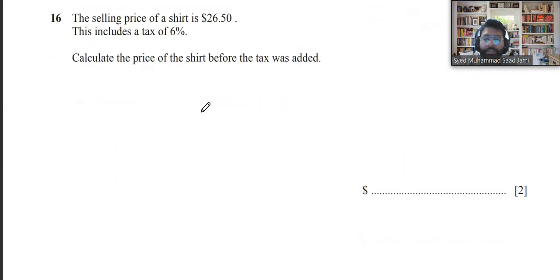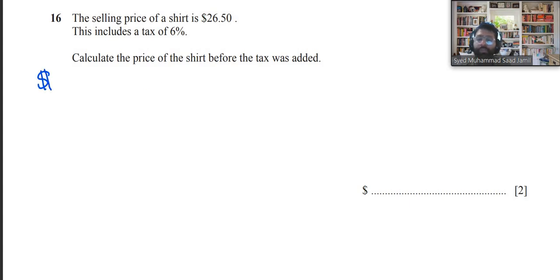Now in question 16 it says the selling price of a shirt is 26.5. This includes a tax of 6%. Calculate the price of the shirt before the tax was added. Whenever you're solving this question, I usually teach my students the cross multiplication technique. Right over here dollar price, right over here, sorry, percentage.